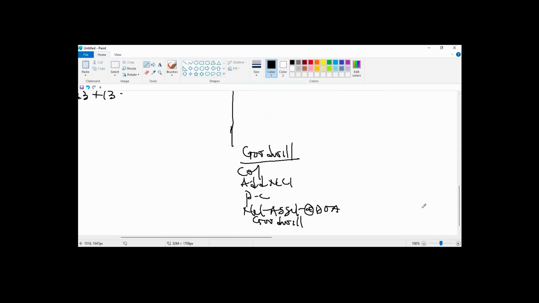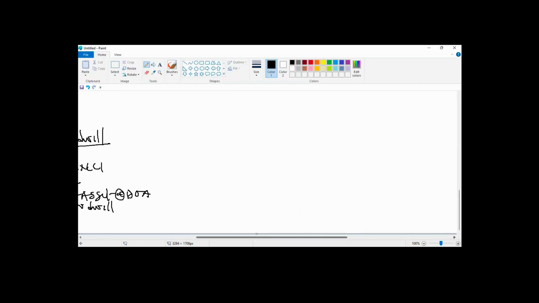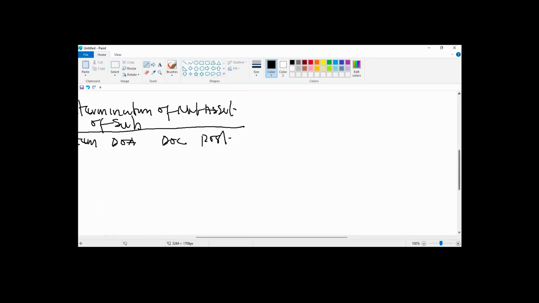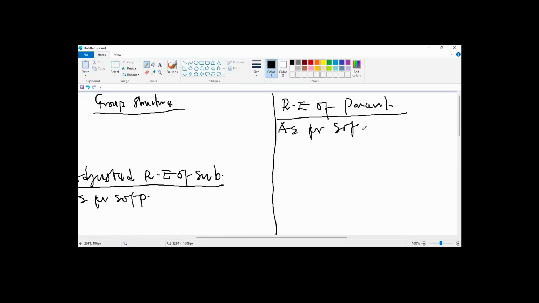I don't know whether that is going to be impairment. I will leave space. Next, what do I need? I need retained earning of the parents as per SOFP.